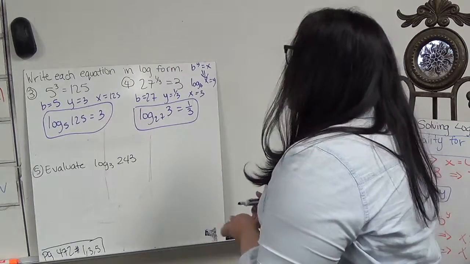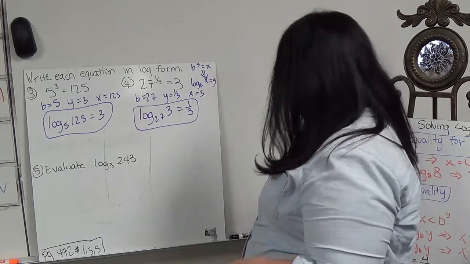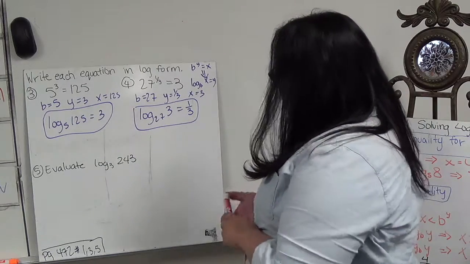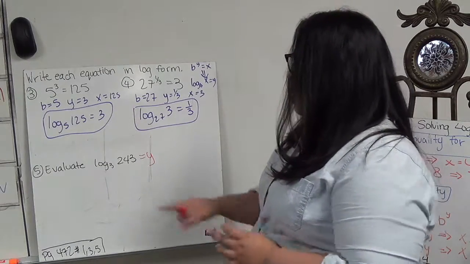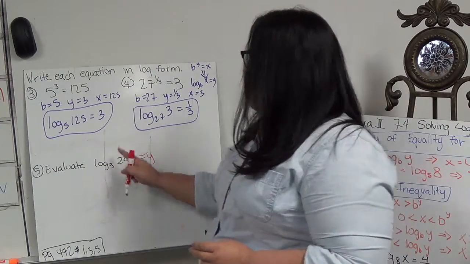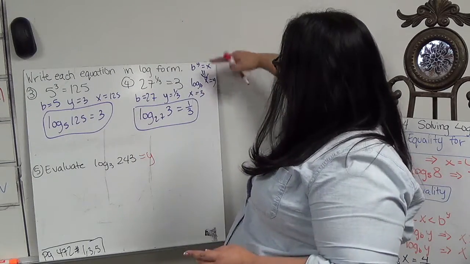So it wants us to find log base 3 of 243. What I'm going to do is attach an equals y on there. Then I do the same thing that I was doing in the previous problem, except I'm moving it from here to here.